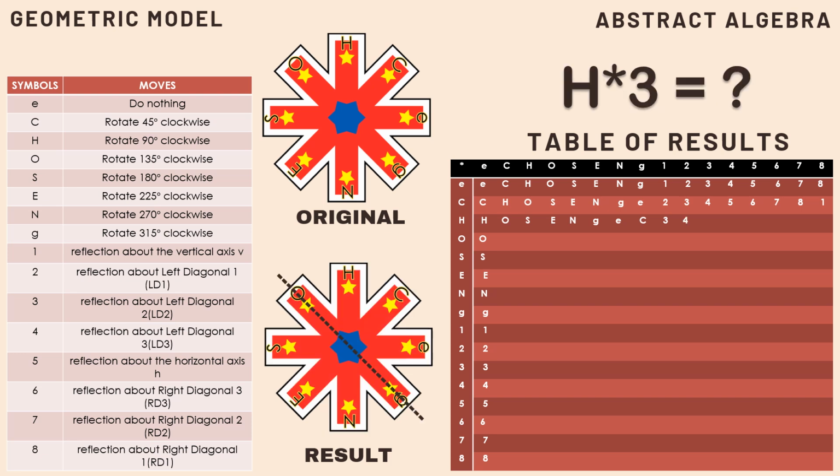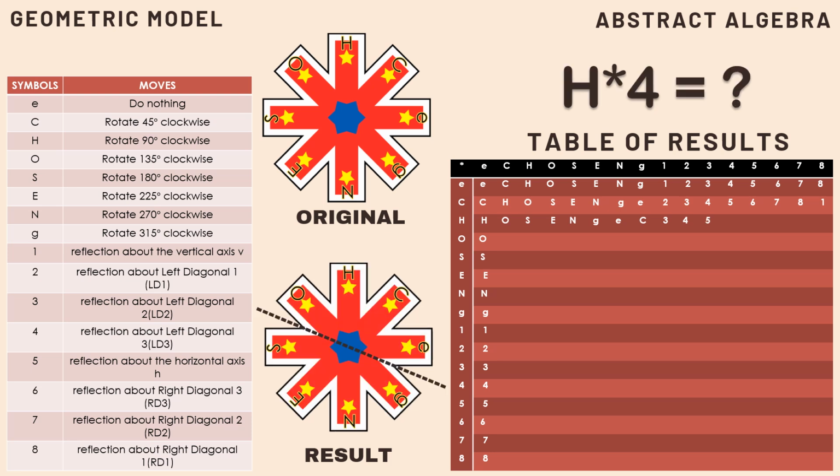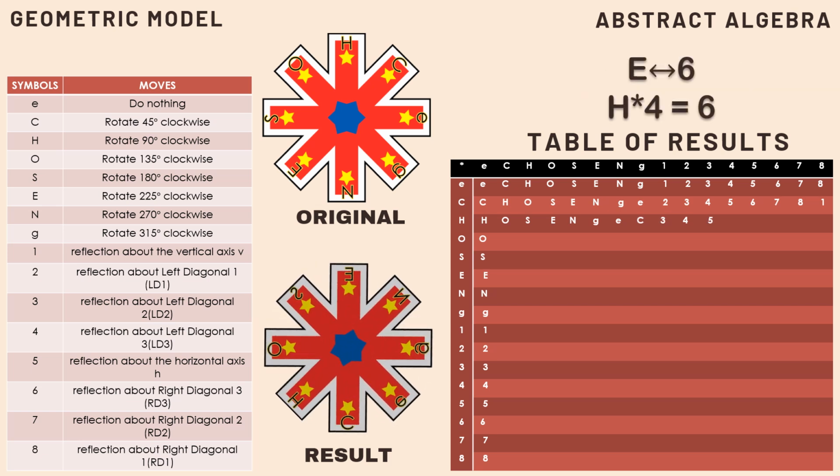H star 3. Since S maps to 5, then H star 3 is 5. H star 4. Since E maps to 6, then H star 4 is 6.